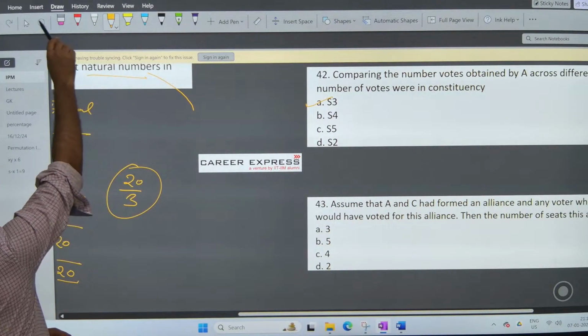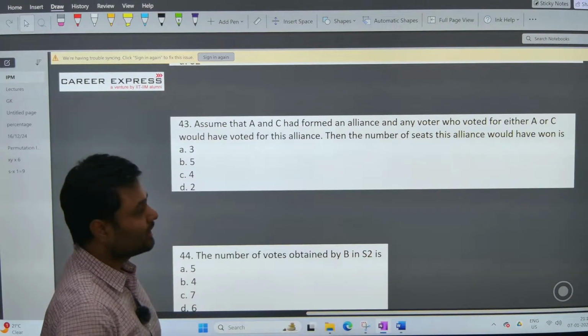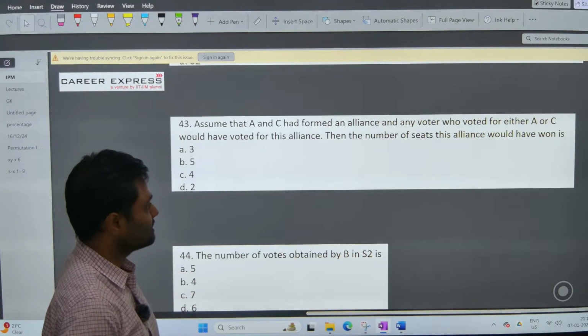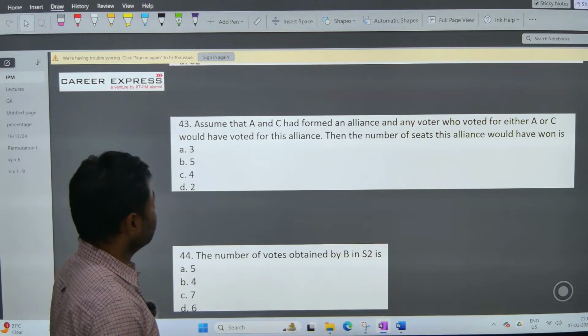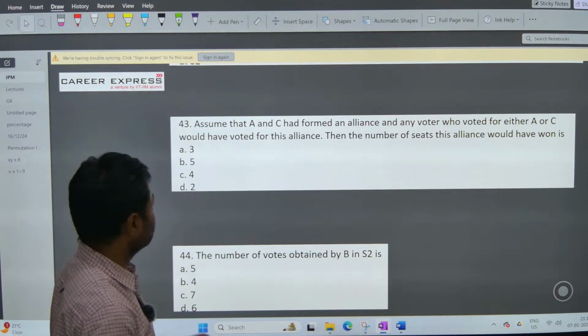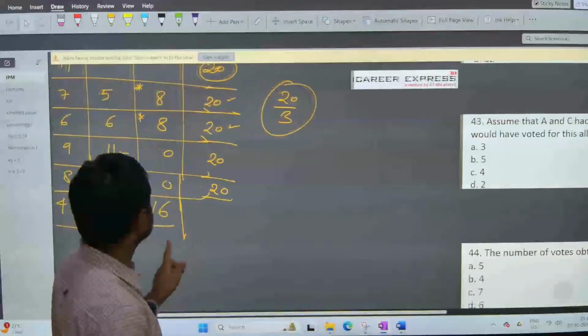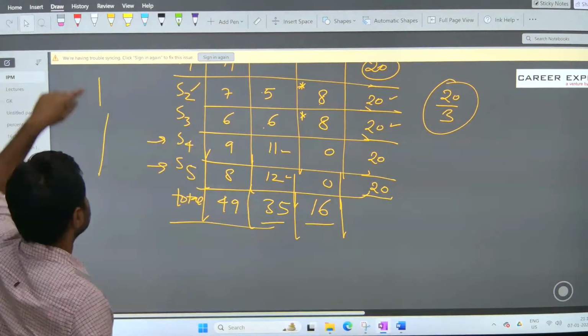So let us move to the next question, that is question 43. Assume that A and C had formed an alliance, and any voter who voted for either A or C would have voted for this alliance. Then the number of seats this alliance would have won is. So we can go constituency wise.